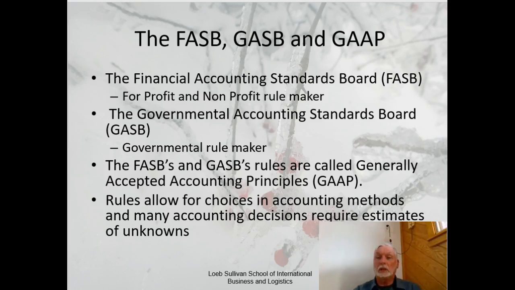Government standards were really almost non-existent before the formation of the GASB, and slowly the government rules are moving to look more like the for-profit and non-profit rules. That'll take some time because governments don't necessarily have to follow rules, so they don't always do so. In both cases, they're called generally accepted accounting principles, whether they're FASB or GASB.